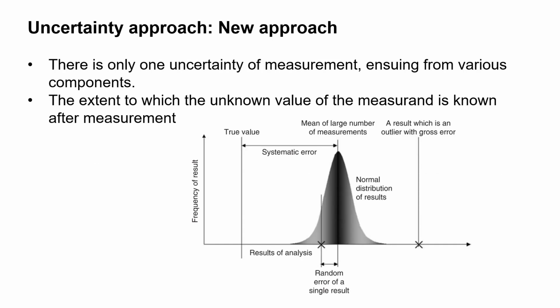There is one new approach for having a validated result, which is called the uncertainty approach. In this approach, we are assessing the various components that cause different types of errors, and we will see the extent of that unknown value in our measurement.